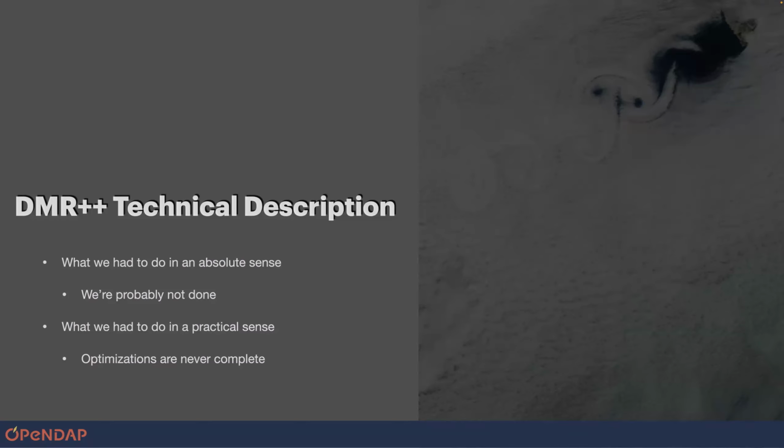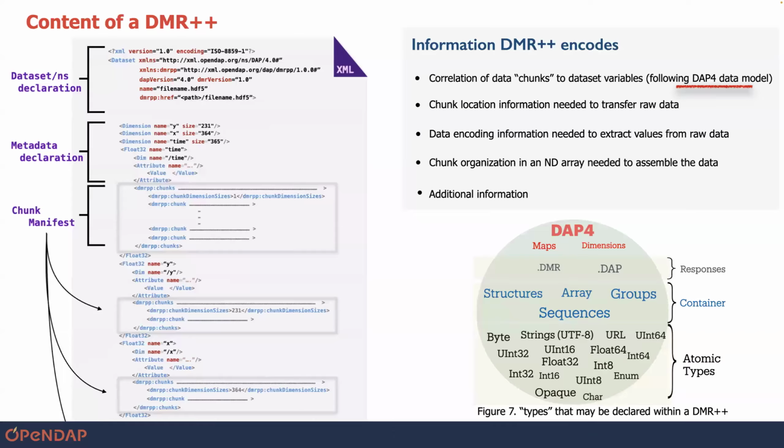Trying to replicate the features of HDF4 or HDF5 is a monumental task, so I'm sure that there are some HDF4 and HDF5 files we can't read. And also what we had to do in a practical sense, because there are some places where we had to optimize access, and we made some choices there that might seem a little surprising, but they work out well for us and the NASA data that we were working with.